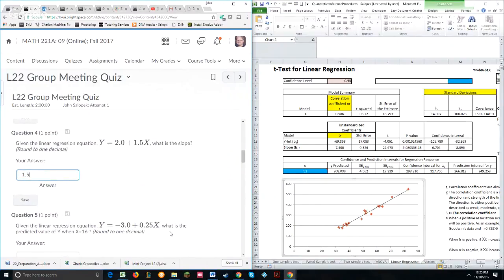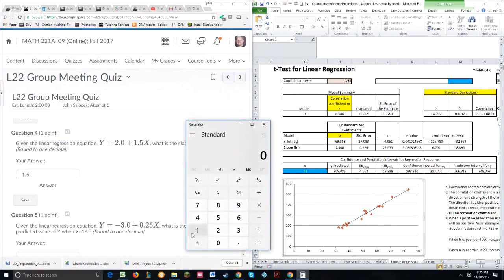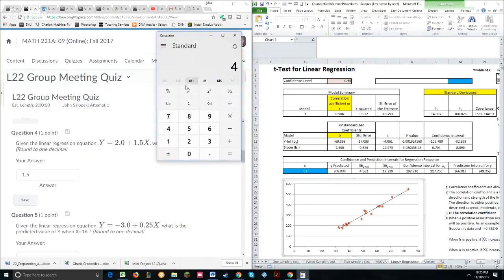Given the linear equation, what is the predicted value of y when x equals 16? That's 16 times 0.25. So I got 1 as my answer. 1. What?